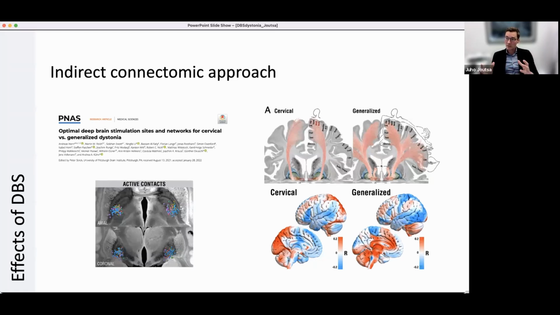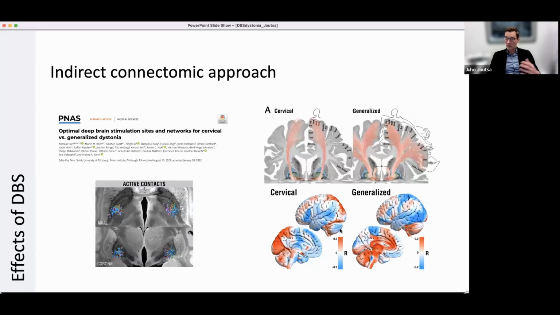So you have a normative connectome built from hundreds of thousands of healthy volunteers, representing the normal connections in the human brain. And by combining this data with those connectomes, they were able to show that the good response in cervical dystonia was associated with structural connections to the head and neck area in the motor cortex, and in generalized dystonia, good response was associated with more widespread connections to the motor cortex.